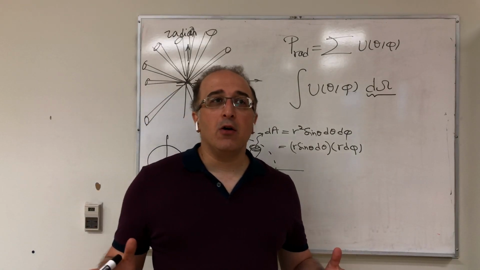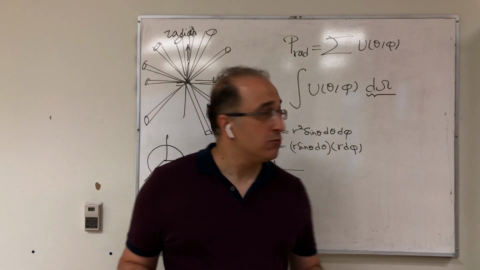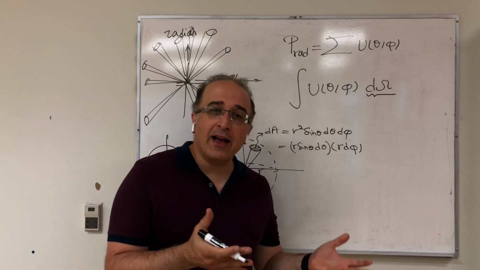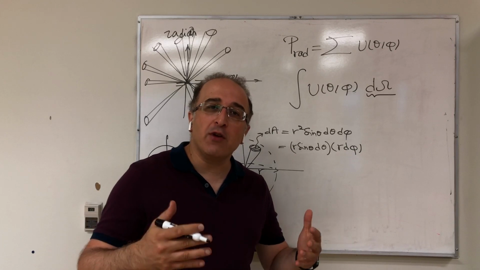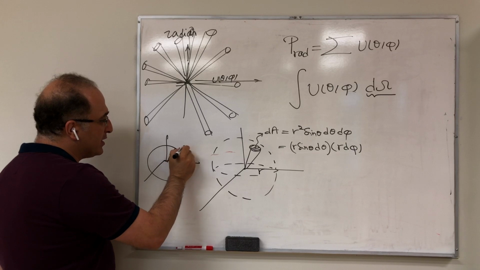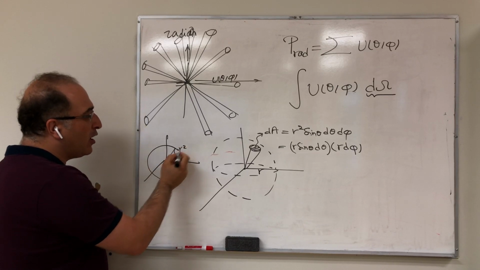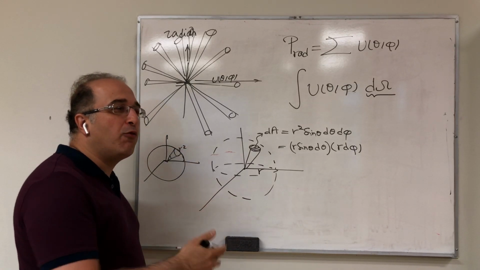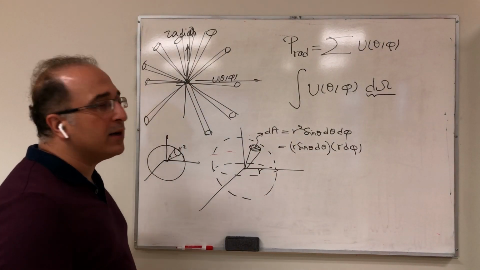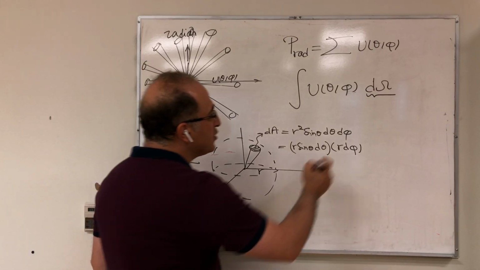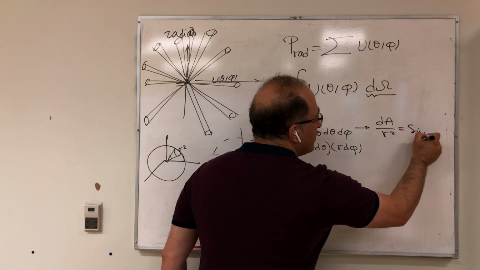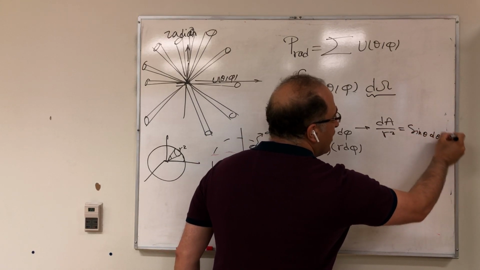Okay, we have now the element of area. Now, if we want to go to solid angle, you know that you always need to divide by r squared. Remember, if this was, for example, r squared, then a radian was r squared divided by r squared, 1 radian. Now, if you have an area and you want to find the solid angle, you divide by r squared. So if you divide dA by r squared, you get sine theta d theta d phi.